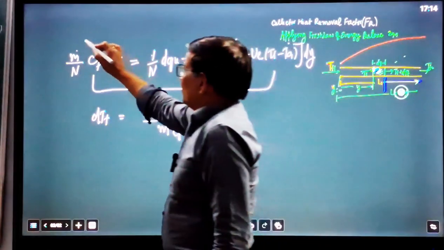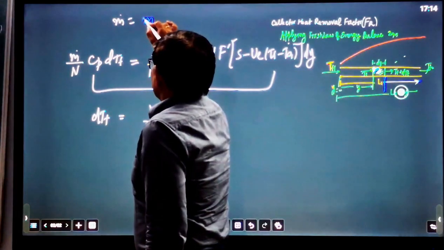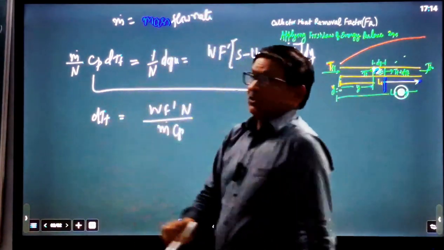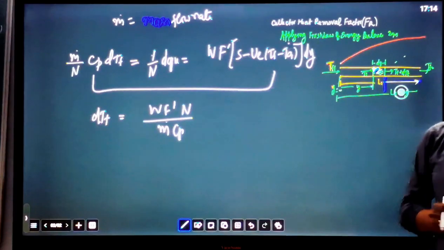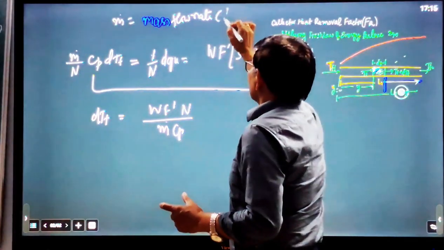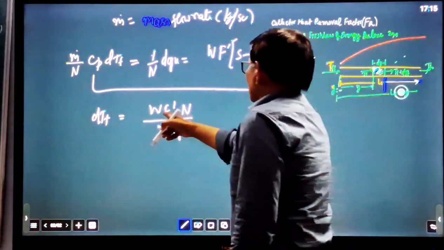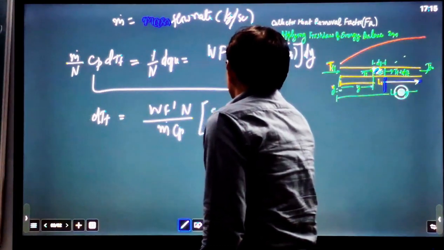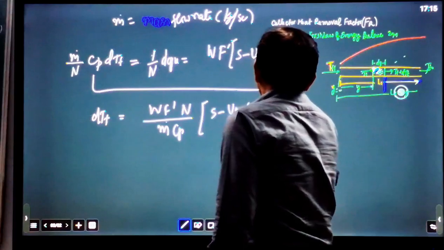M dash by n is the mass flow rate through one tube, in kg per second. So dTf equals Wf dash n upon m dash Cp, and in the bracket you will see S minus UL Tf minus Ta, times dy.